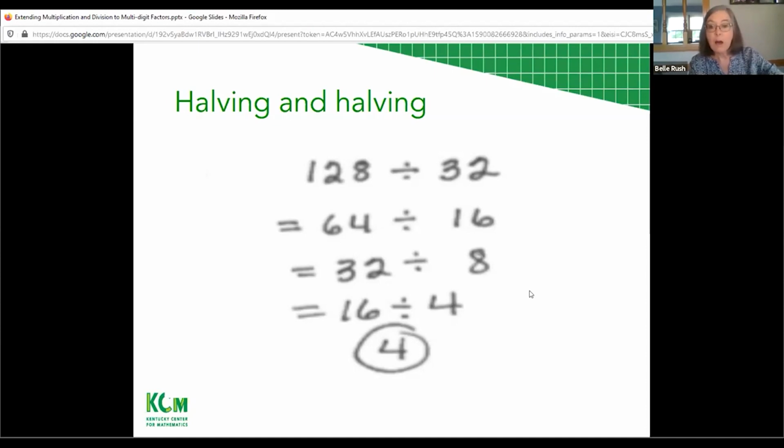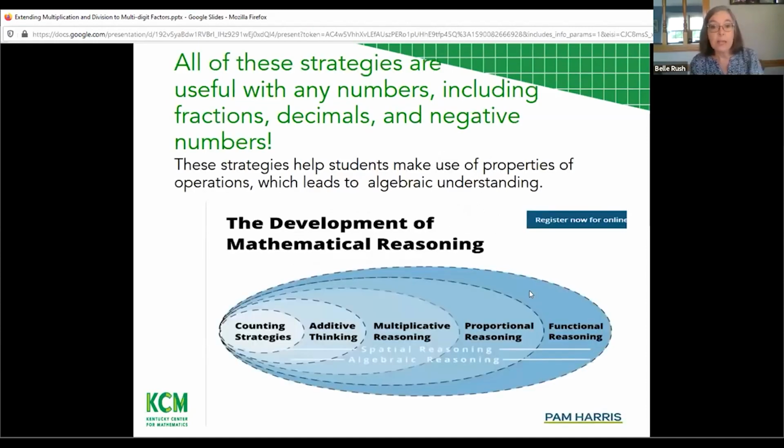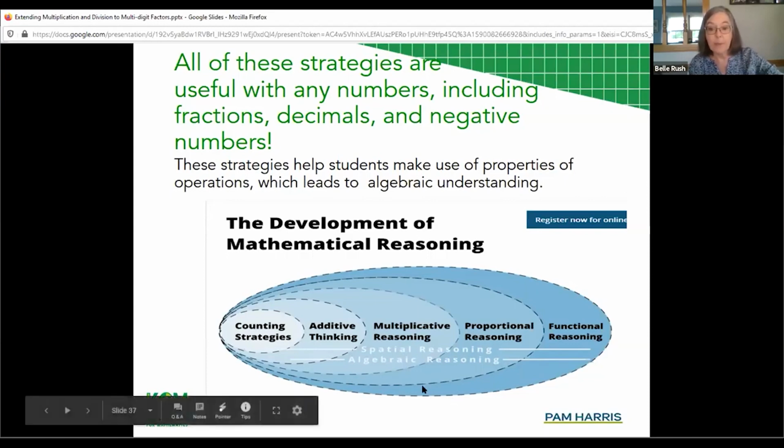All right, all of this works with any numbers, including fractions, decimals, negative numbers, proportional numbers, functions. It all works across the board. These strategies help students to make sense of the properties of operations, which leads us back to that Pamela Harris continuum.